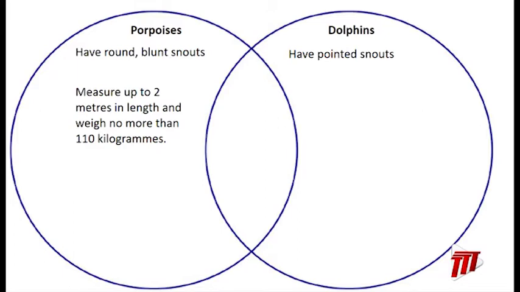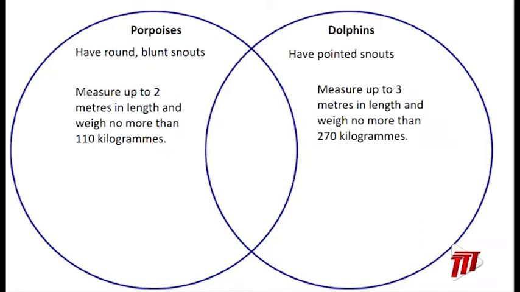We learned that porpoises measure up to 2 meters in length and weigh no more than 110 kilograms. On the other hand, we learned that dolphins measure up to 3 meters in length and weigh no more than 270 kilograms.